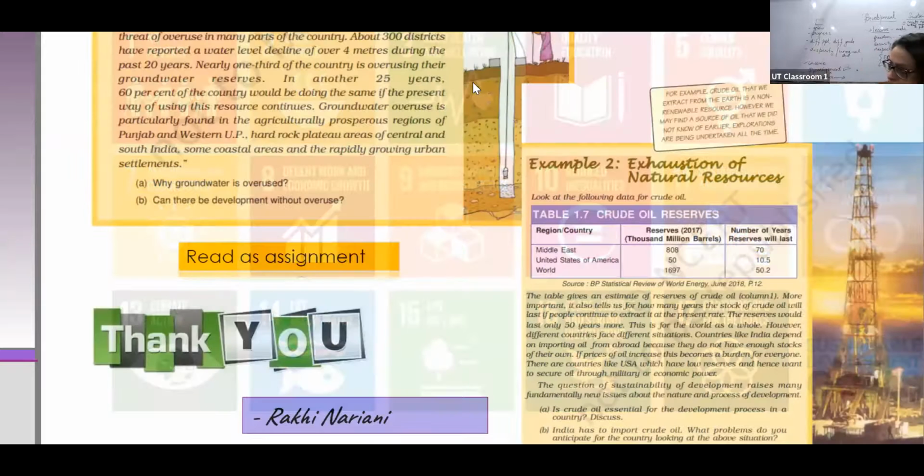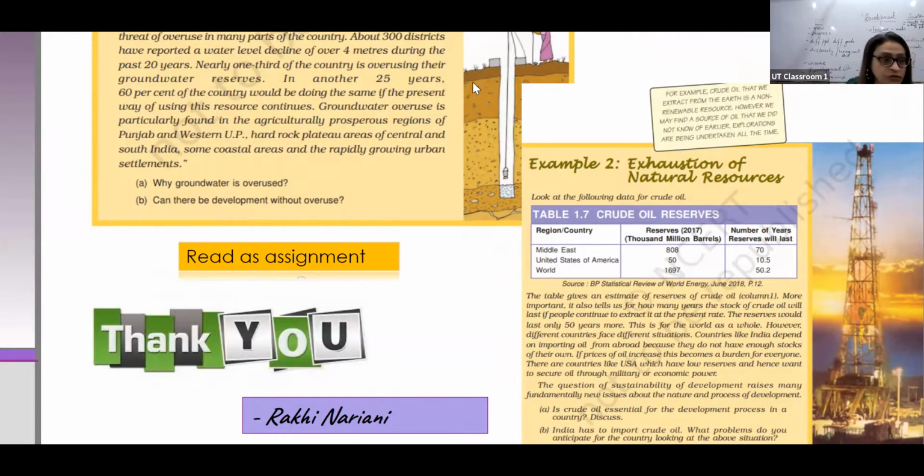Groundwater in India. We were talking about exhaustion and depletion of natural resources. Recent evidence suggests that groundwater is under serious threat of overuse in many parts of the country. About 300 districts have reported a water level decline of over 4 meters during the past 20 years. Nearly 1/3 of the country is overusing its groundwater reserves.